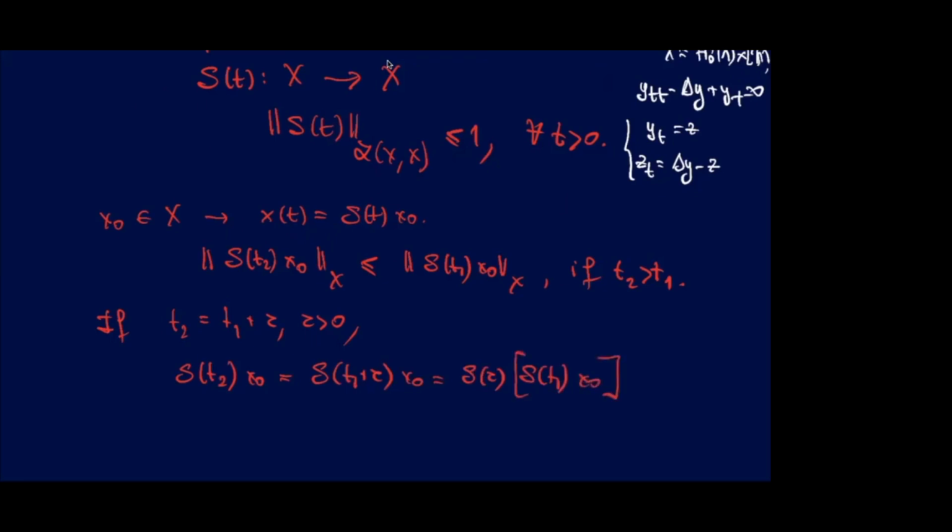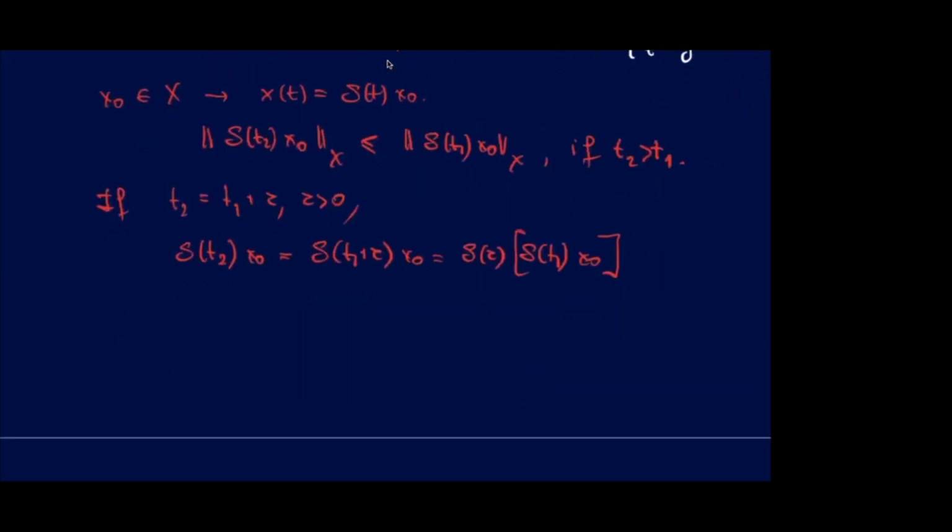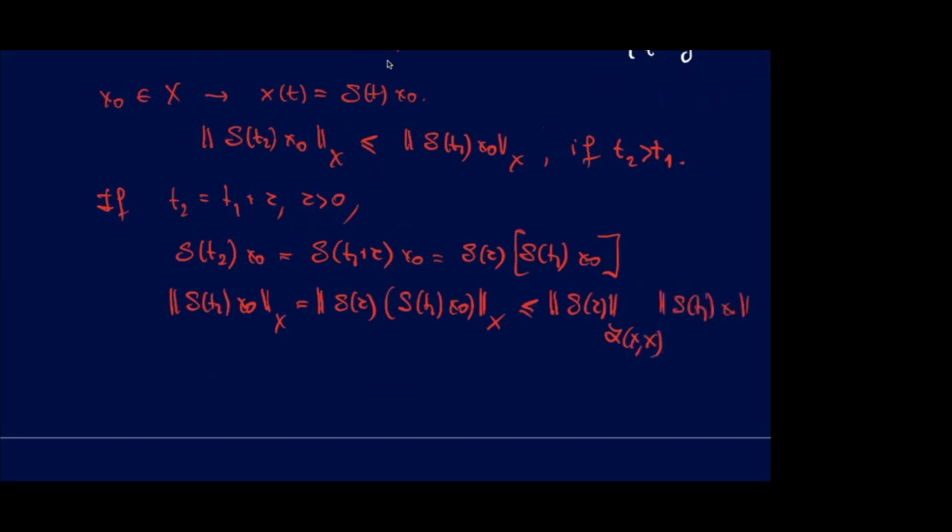This is the fundamental semigroup property associated to autonomous time-independent dynamical systems. And therefore the norm of S(T2)x0 in X is equal to the norm of S(tau)S(T1)x0 in X, and this is less than the norm of S(tau) as a linear operator from X to X times the norm of S(T1)x0.